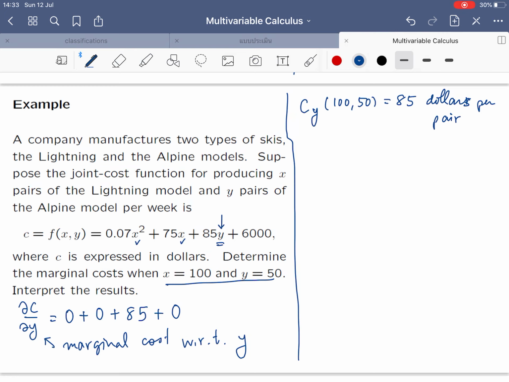So what is the interpretation? It will be the same thing, right?